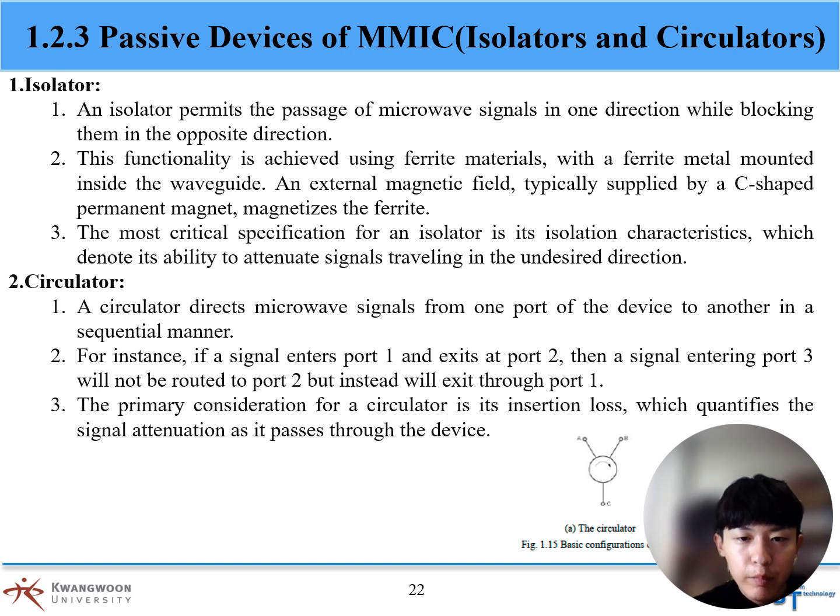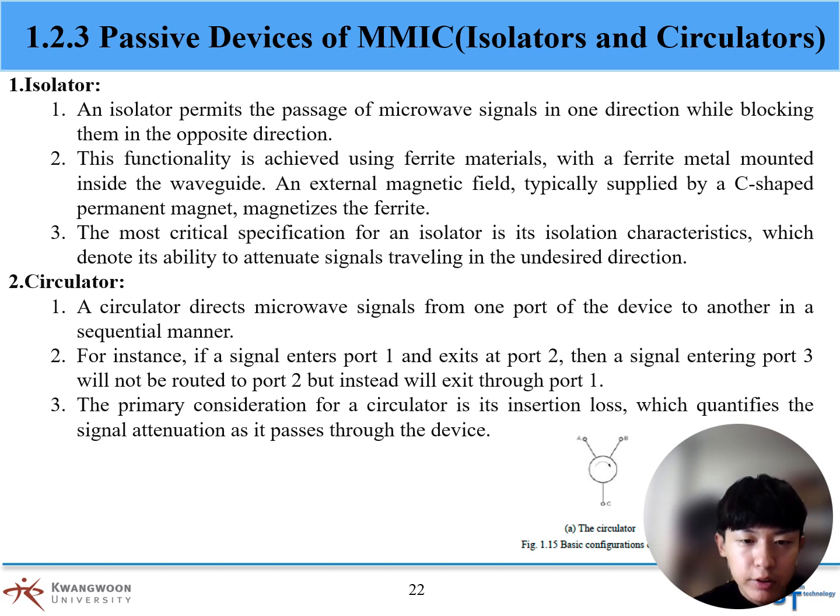An external magnetic field, typically supplied by a C-shaped permanent magnet, magnetizes the ferrite. The most crucial specification for an isolator is its isolation characteristics, which denote its ability to attenuate signals traveling in the undesired direction. The circulator directs microwave signals from one port of the device to another in a sequential manner.